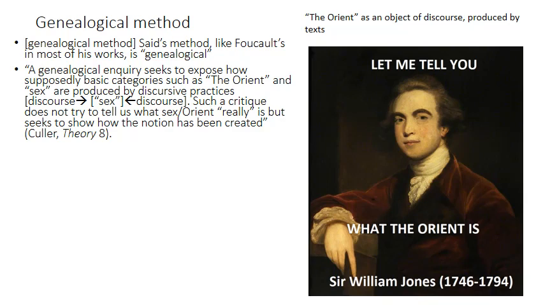There's a set of conversations about sex and sexuality, all right? So such a critique does not try to tell us what sex or the Orient really is, but seeks to show us how the notion has been created, also why the notion has been created, how the speaker benefits from framing the Orient or sex in a particular way, and such, all right?